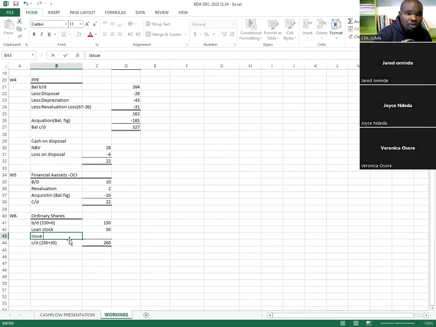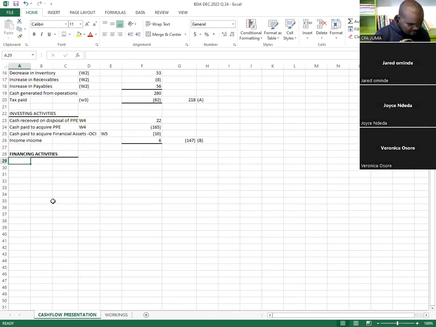They issued new shares. And when you issue, you get money. When you issue shares, you get money. You don't issue them for stones. So it should be a positive figure. So it should be 260 minus that minus this other one. So you get 60. They received 60.